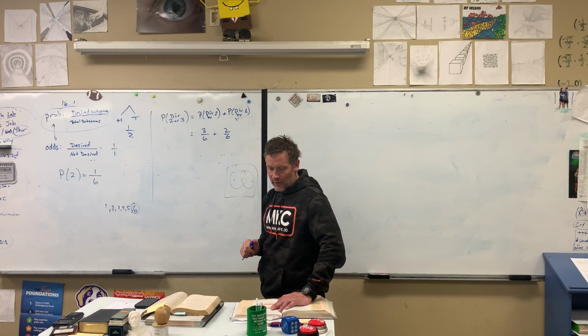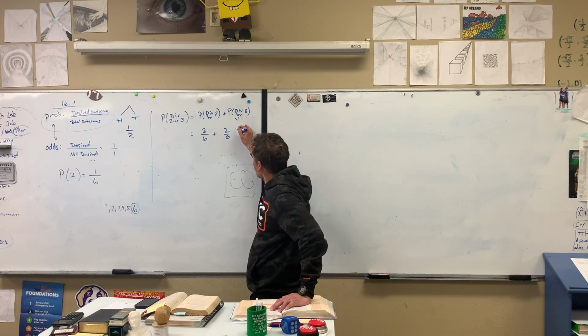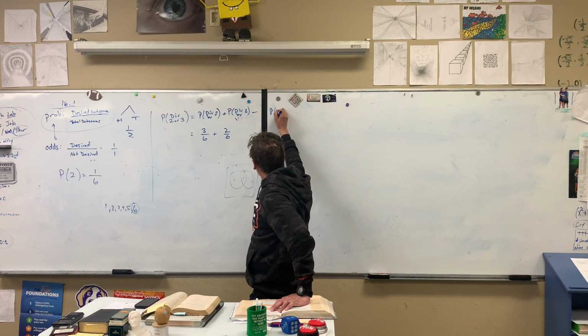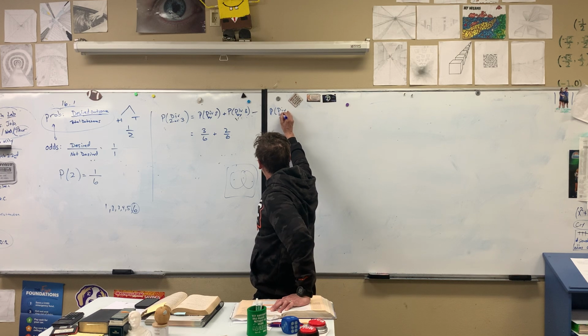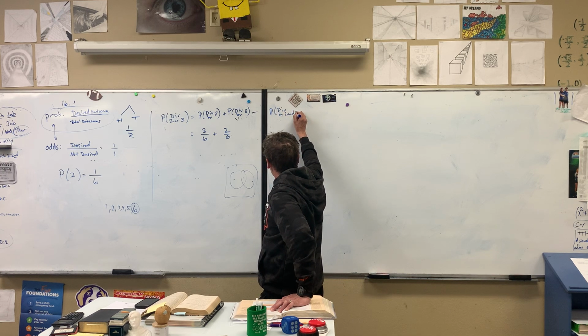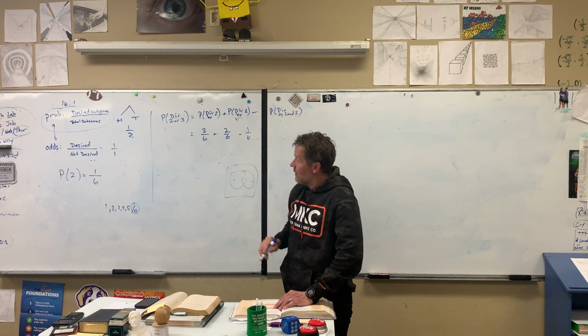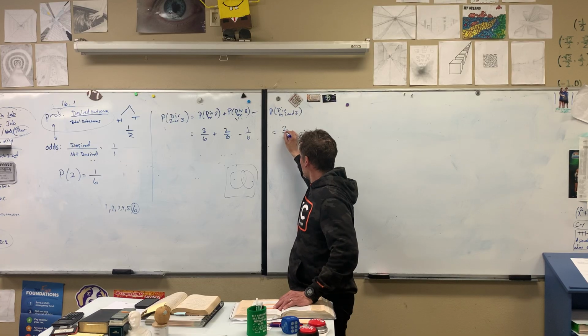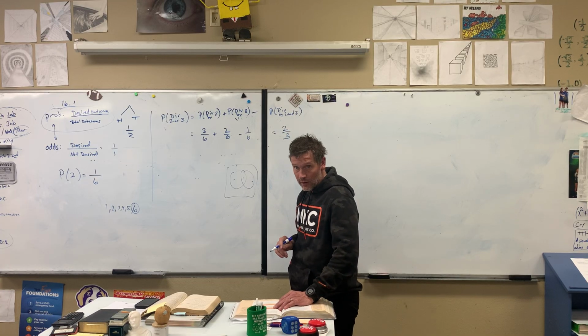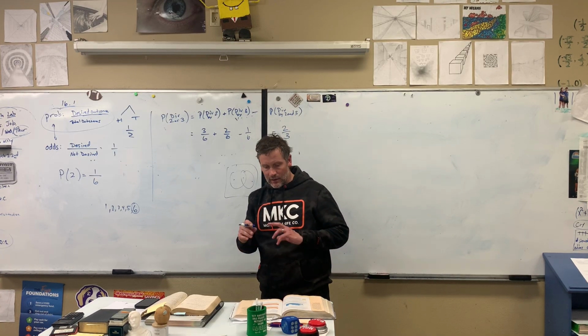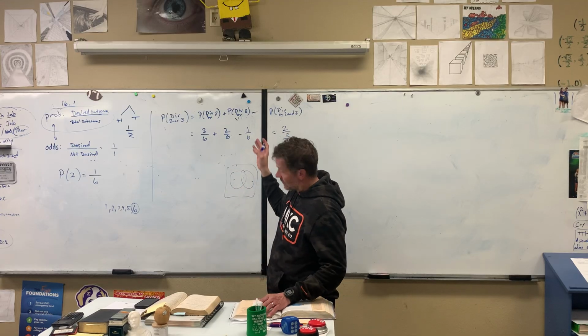So you would have minus the probability of divisible by 2 and 3. What's the probability it's divisible by 2 and 3? There's one of those. And so we end up with this probability of 2 terms. So that's how we would do divisible by 2 or 3.